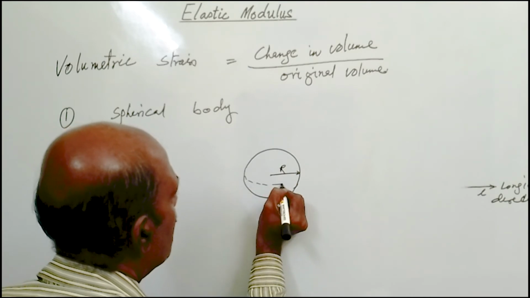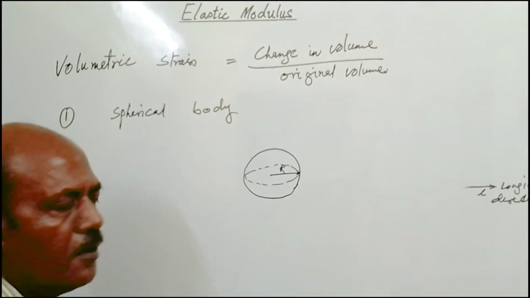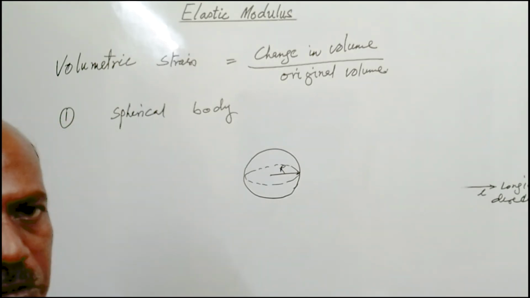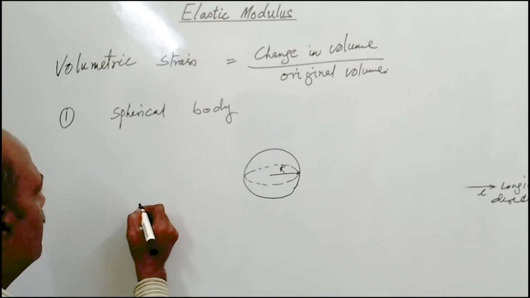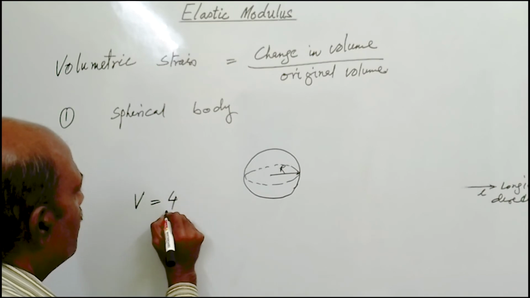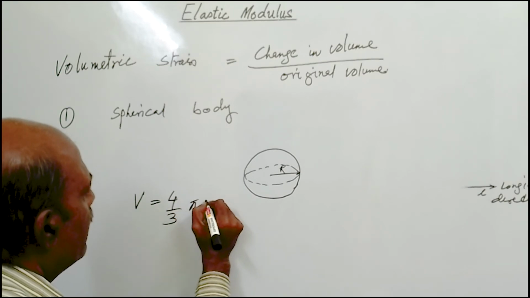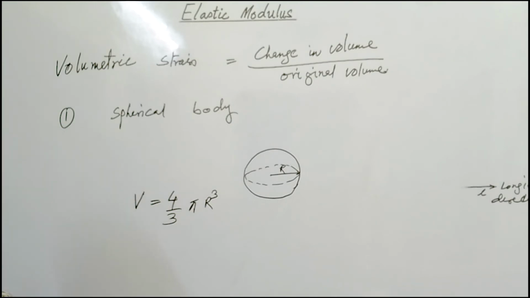So this is a sphere of radius r, and the sphere is under uniform stress intensity. Now, what is the volume of the body? Original volume is given by 4/3 pi into say r cube. So this is the volume of the body.